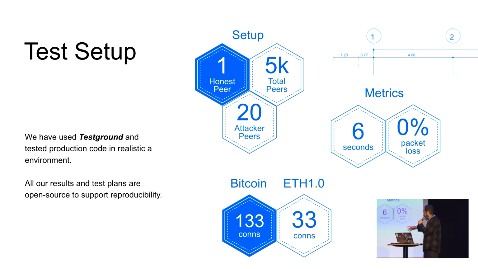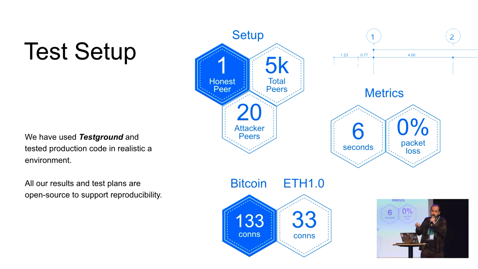And then we compared against the Bitcoin equivalent of the pubsub protocol and the Ethereum 1 equivalent. So in the Bitcoin case, every node is pretty much flooding the network to another 133 peers. So, simplistically, the D in the Bitcoin's case is 133.